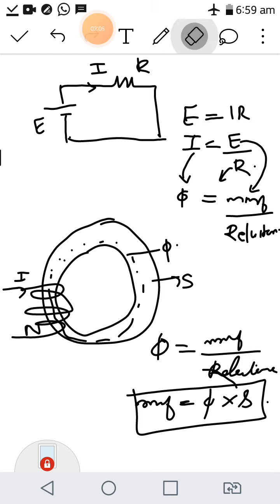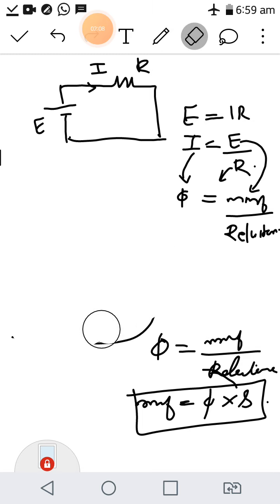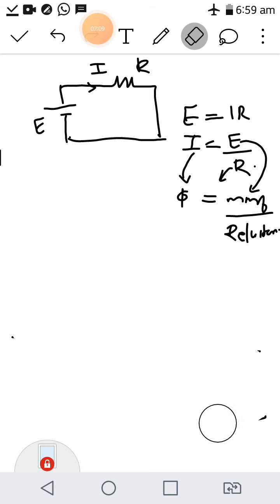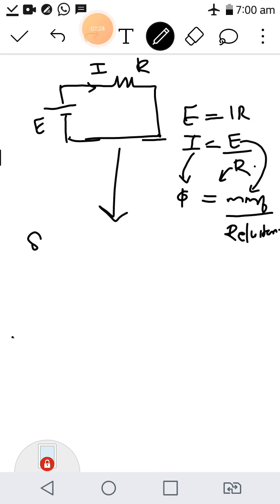In this example, you have seen that there is a simple battery connected with resistance, but normally electrical circuits are not very simple like that. We know that the electrical circuit can be of two types. One is the series electrical circuit, and the parallel electrical circuit is also there.